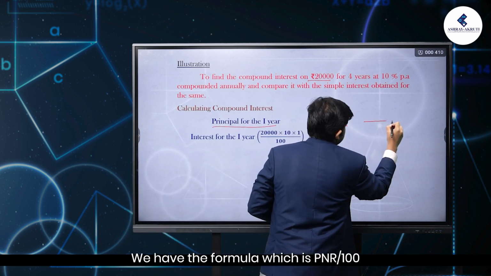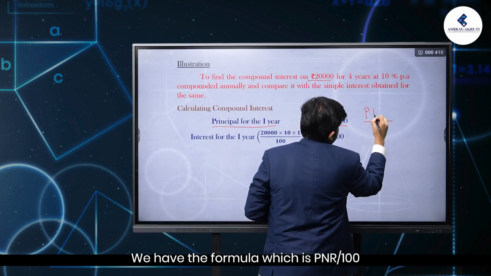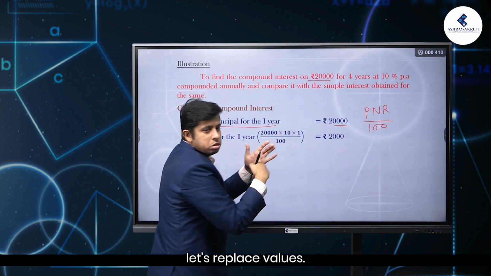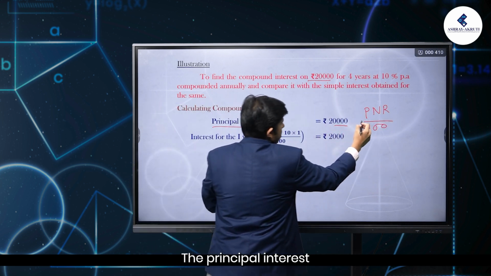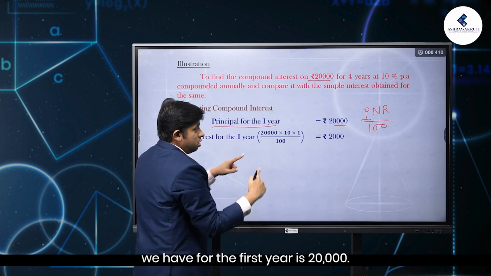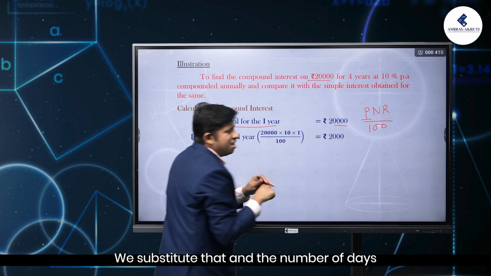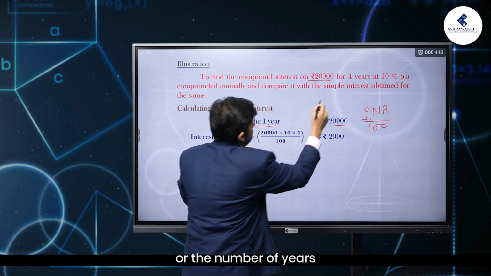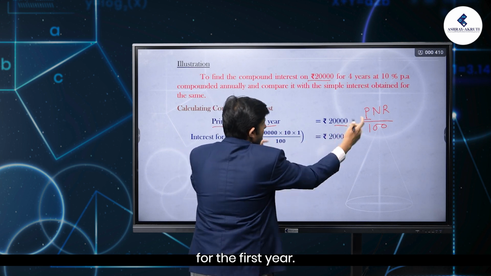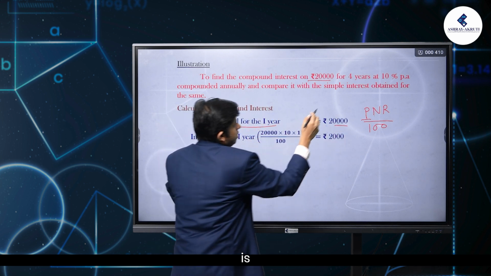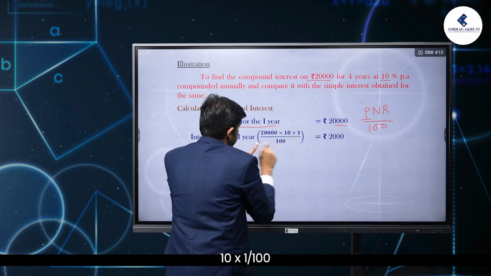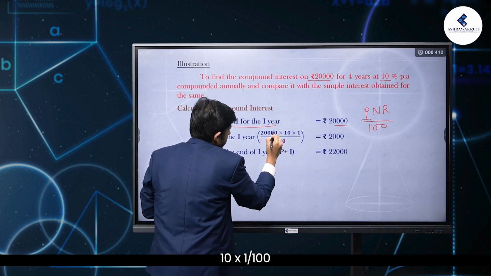We have the formula, which is PNR by 100. Let's replace the values. The principal we have for the first year is rupees 20,000. We substitute that, and the number of years for the first year is 1, so 20,000 into 10 into 1 by 100.